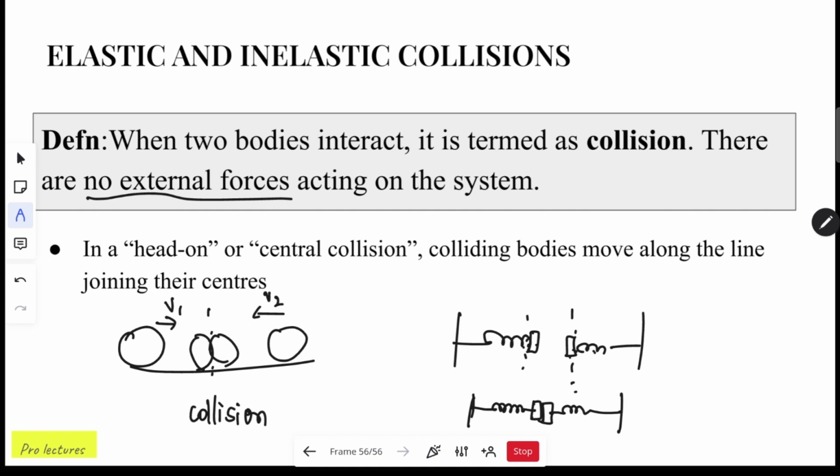This is purely due to the internal force of these two, the restoring force. So this is a collision. We are going to do the two types of collision here. One more thing to note is that when the colliding bodies move along a line, like in this case, and meet at the center, it is called a head-on collision or central collision.